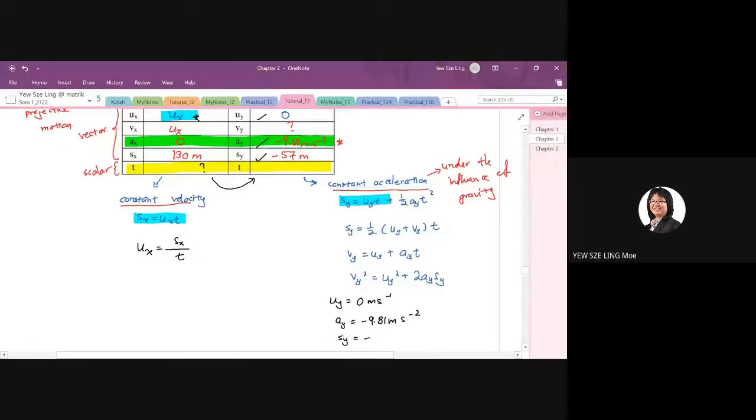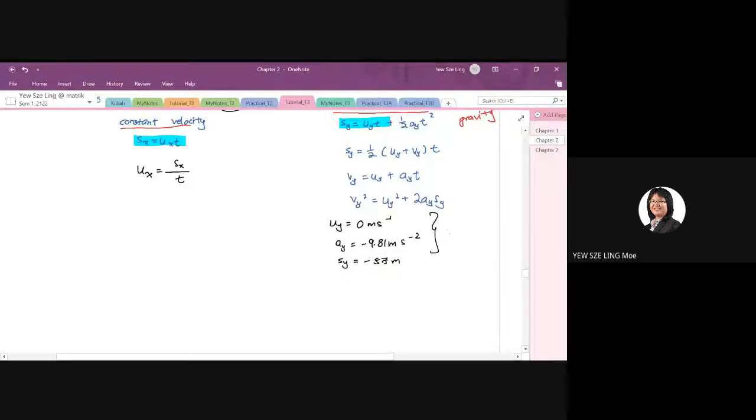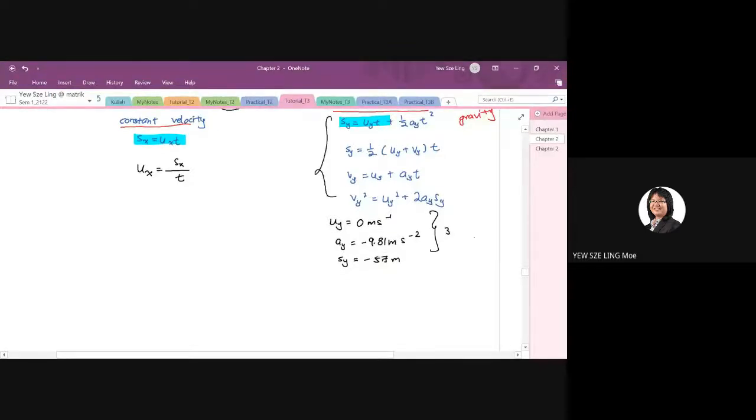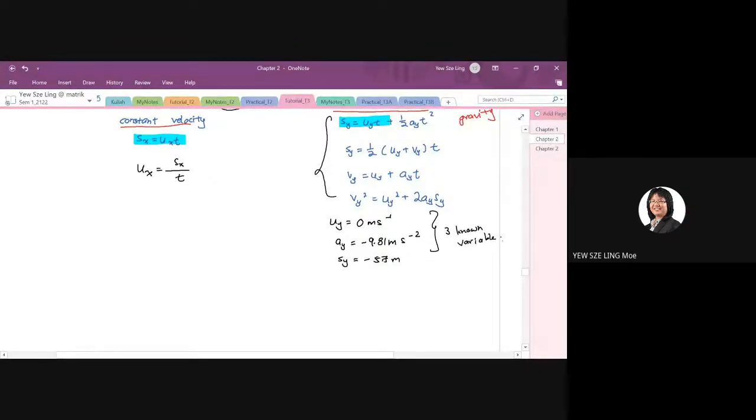Sy is equal to negative 57 meter. So the condition to apply these 4 equations is you must have 3 known variables, and then we want to find t. So what is the value for t? Now you have U, A, S, T.